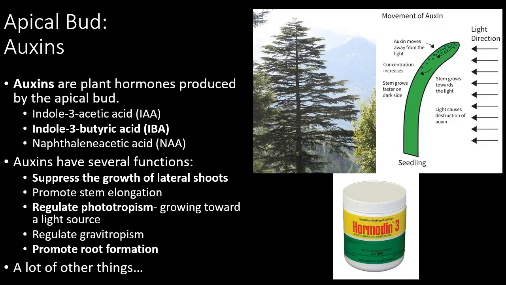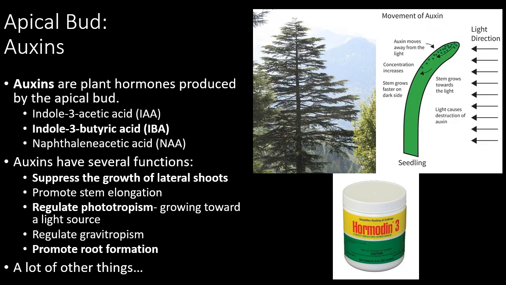And that's because auxins produced at that apical bud influence and suppress the growth of those lateral shoots, which is a process we call apical dominance. Apical dominance is basically the observation that the apical bud is in charge. It's the one that grows the most, and it suppresses the growth of the lateral shoots because it produces auxins.